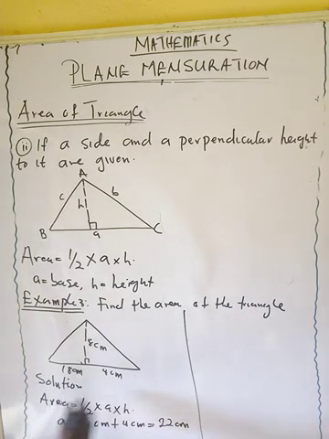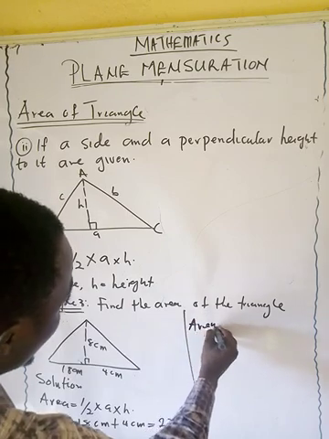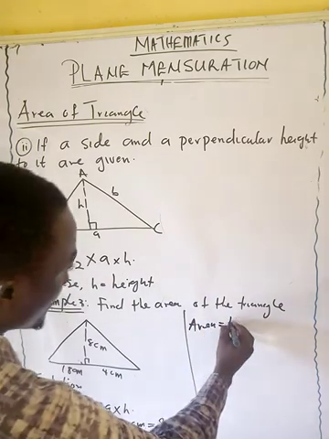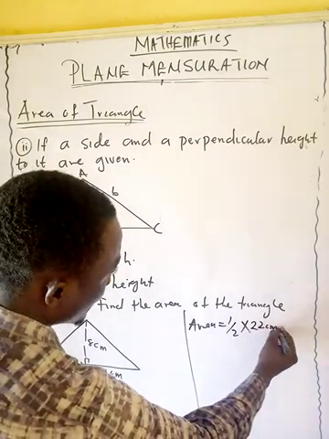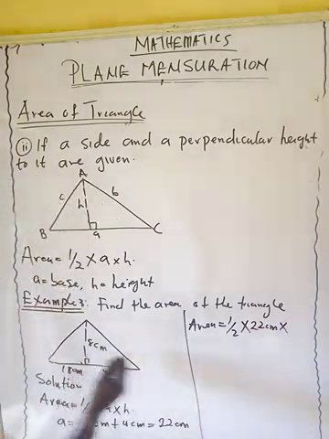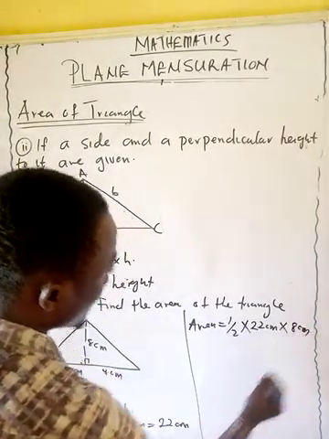So back to area. Area will now be half times our A, which is 22 centimeter, then our height is 8 centimeter.